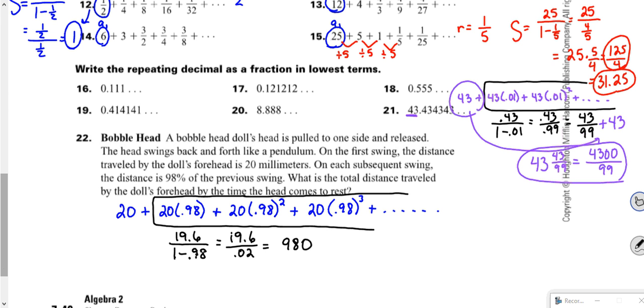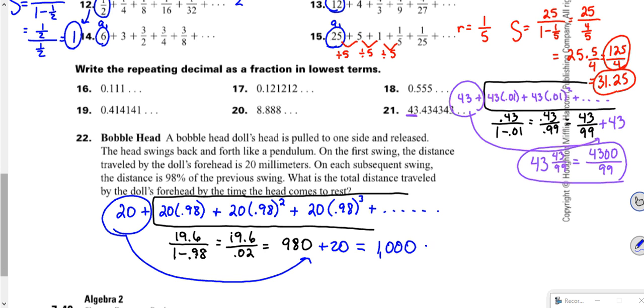Now we take the 980, don't forget about the plus 20, and the bobblehead traveled 1,000 millimeters. Don't forget, on a word problem, you always need to label it.